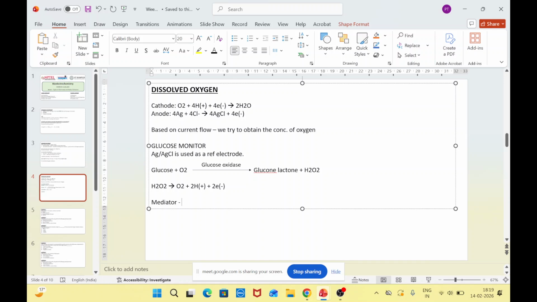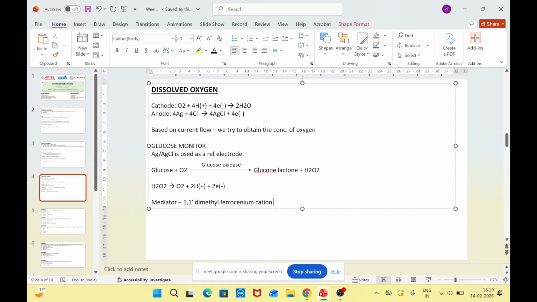That mediator is 1,1'-dimethylferrocenium ion, a ferrocenium cation. By using this as a mediator, we improve the efficiency of the oxygen interacting with the glucose oxidase and the glucose, thereby resulting in an accurate amount of hydrogen peroxide production, which helps in measuring the concentration of the glucose.